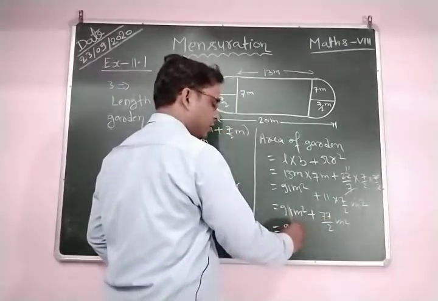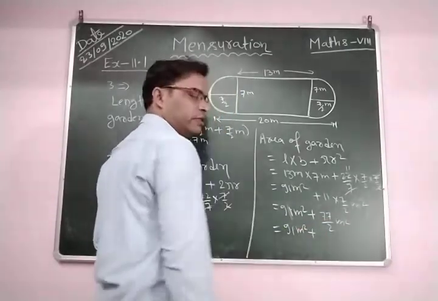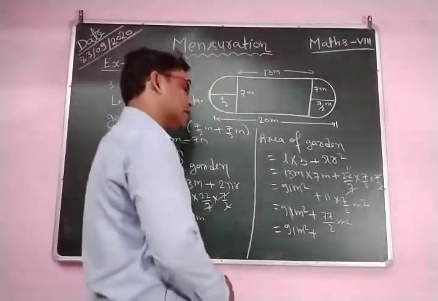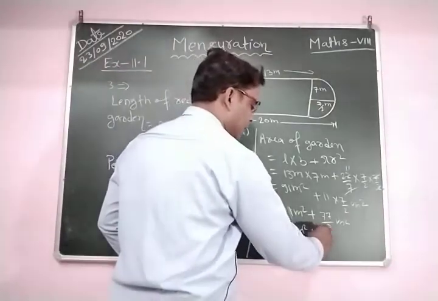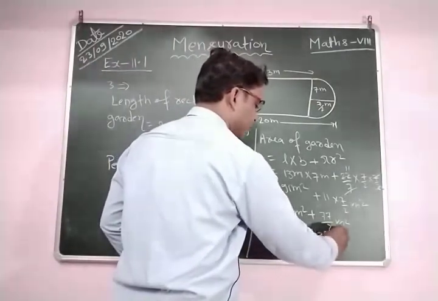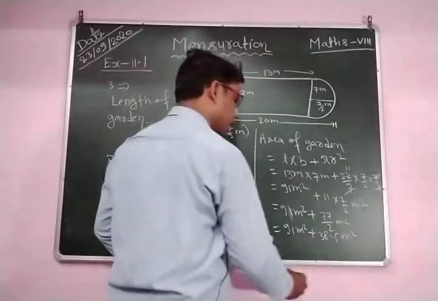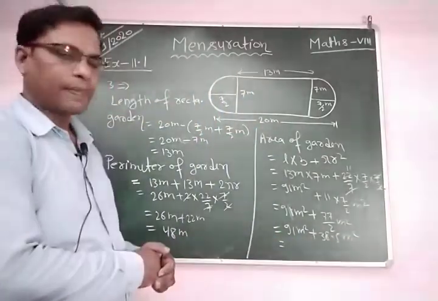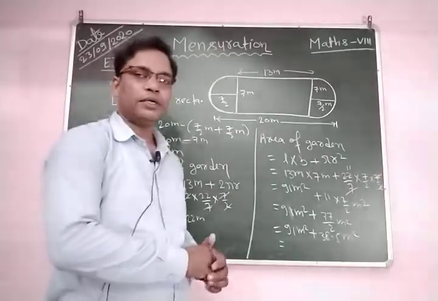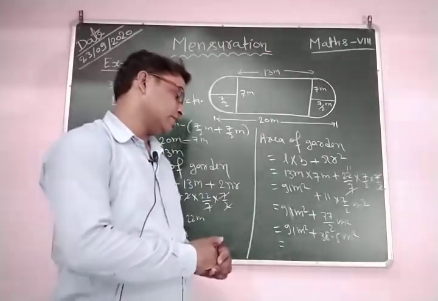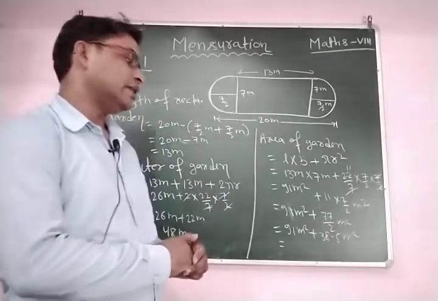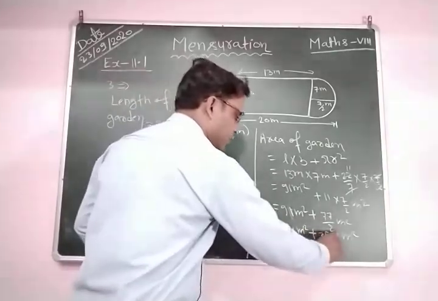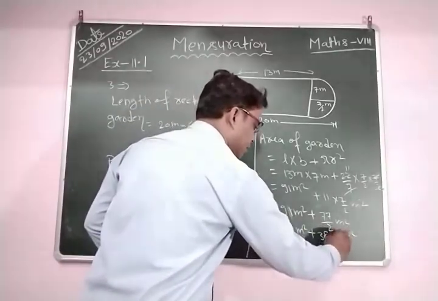If we divide 77 by 2, then we obtain 38.5 meter square. So this is equal to 91 plus 38.5, which is 129.5 meter square.